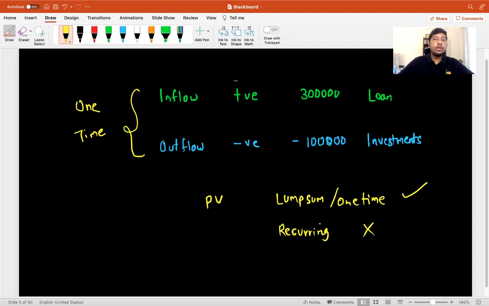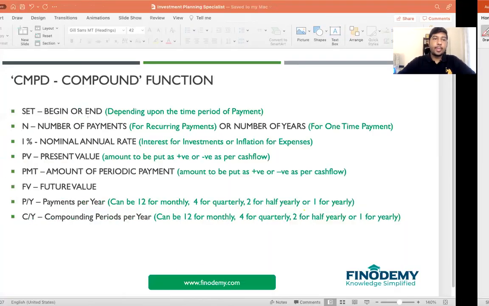So in PV you don't put any recurring amount. It is only a one-time or lump sum amount. Okay, I will give you some examples for you to understand this better.